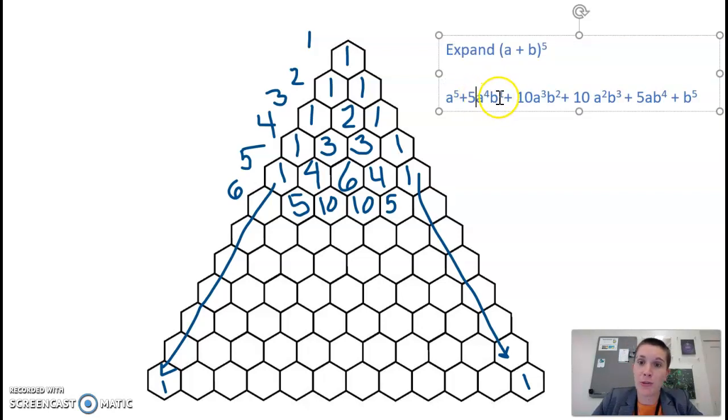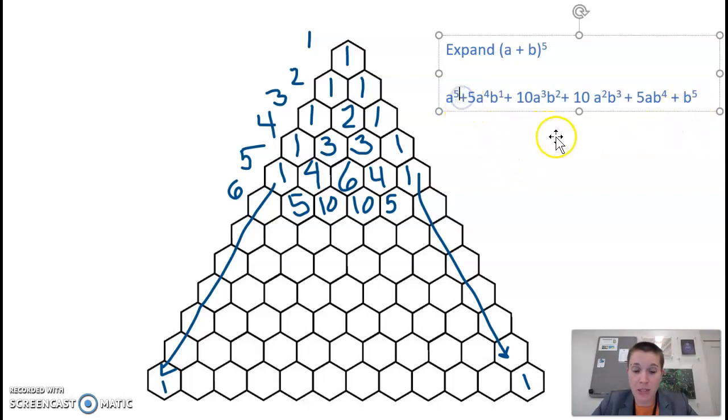And so we have a to the 4th, b to the 1st, a cubed, b squared, a squared, b cubed, a to the 1st. I guess I didn't add that. You guys know a to the 1st is just a, and b to the 4th. And then finally I end with just b raised to that exponent, and once again, we're always going to have a 1 in front of this term as well.